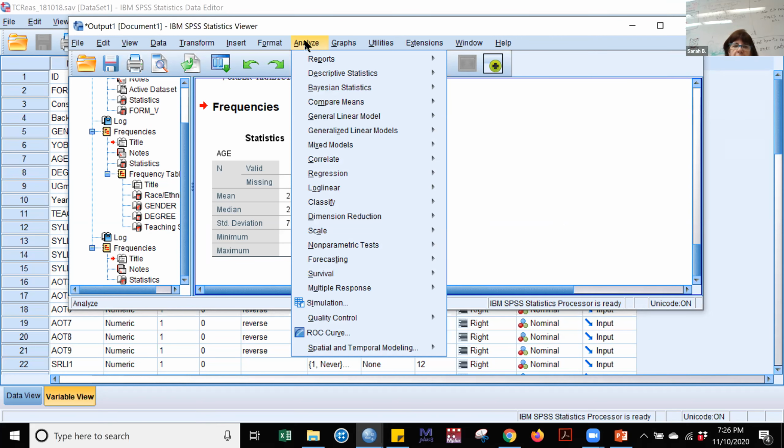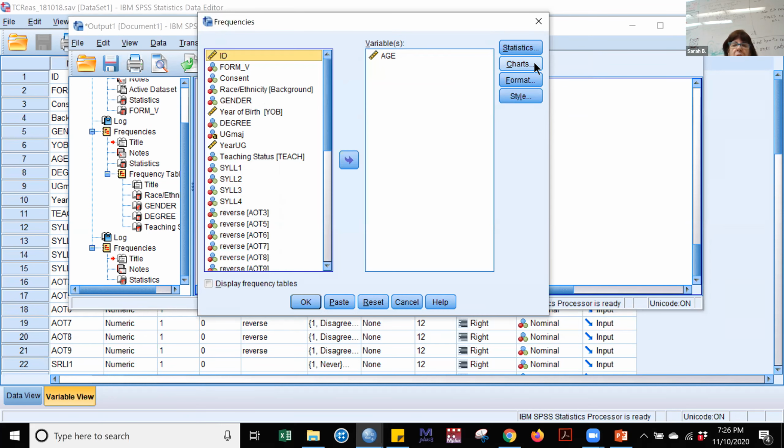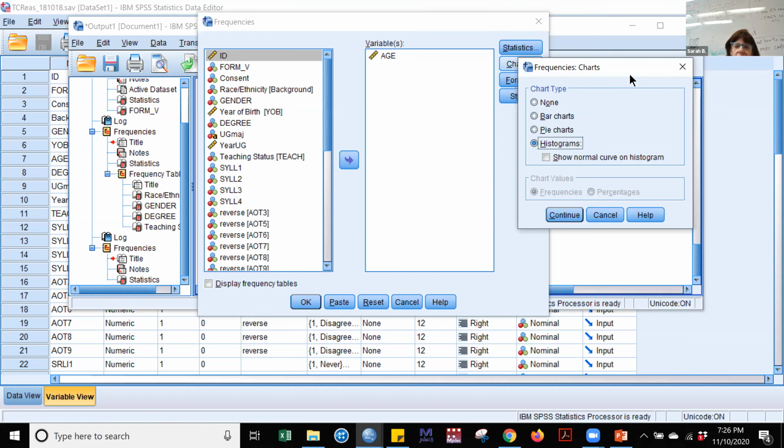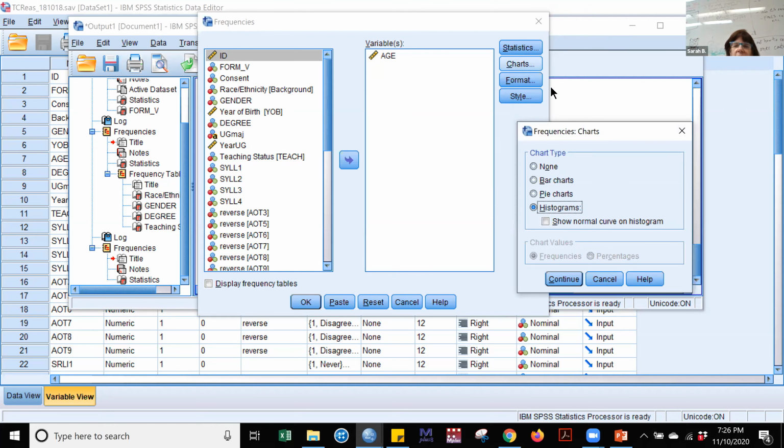So I'm going to go back to descriptive statistics, frequencies, where there is an option for charts. And I'm going to ask for the histogram. I could go someplace else and ask for a box and whiskers plot, which will pretty much show me the same thing. But in this case, I'm going to choose a histogram, which I am obtaining under frequencies, charts, both under descriptive statistics.